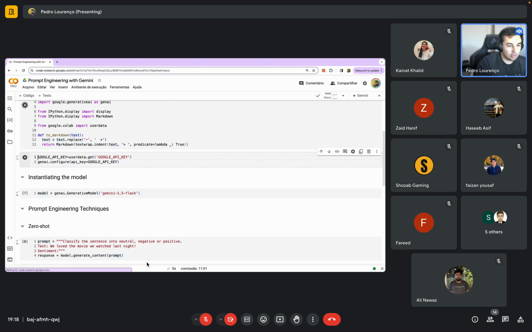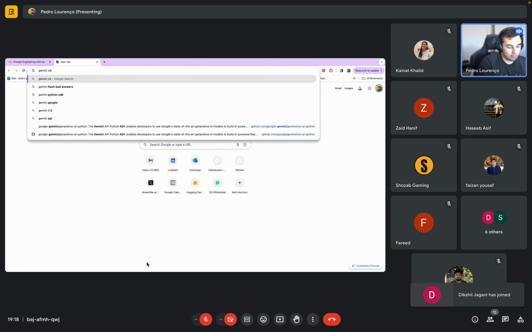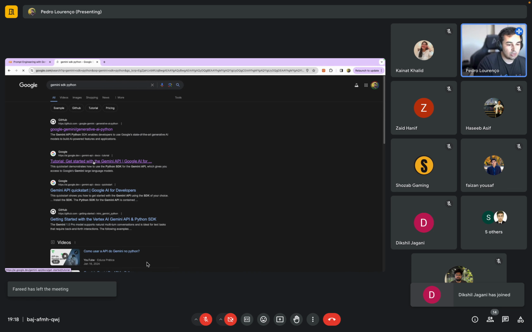Here we are configuring our API key to use Gemini. If you want to know more, you can follow this notebook, or you can just go to the Google Gemini SDK Python, and get the get started with Gemini API or any other tutorial, and you find how to make it work.